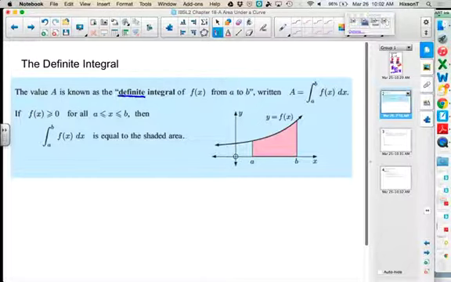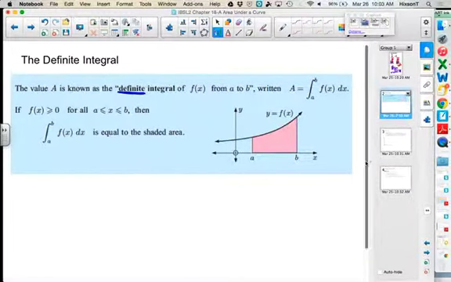The reason why this is known as the definite integral is because it's over a defined range. It's from a to b. Now notice what we're actually finding the area of. Here's some value a on the left, here's some value b on the right, and we want the area under the curve in that interval.